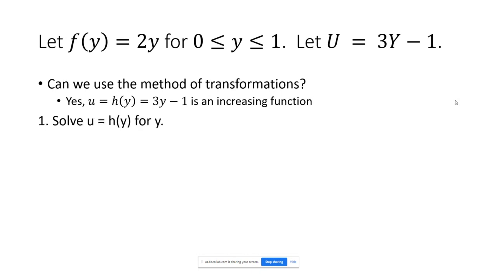So step 1, we're going to solve this u equals h of y for y. So we have u equal to 3y minus 1. We can add 1 to both sides and then divide both sides by 3. So we get y equals (u plus 1) all over 3.